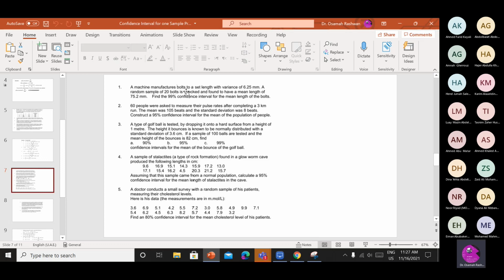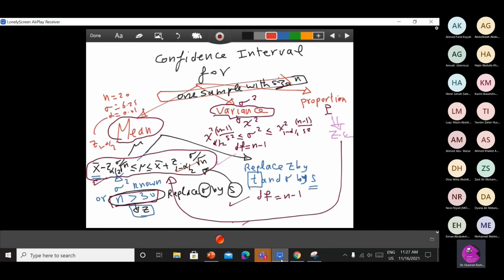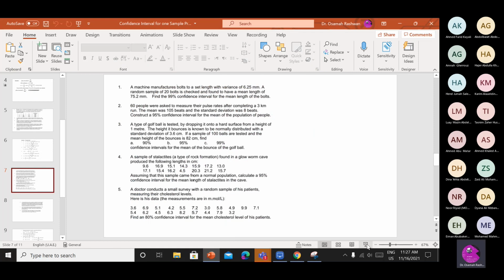And alpha will equal 0.01. Everything is okay. Once I know alpha, I'll get z of 1 minus alpha over 2, substitute in the confidence interval of the mean. After I decided I have sigma, so I go for z and go for this function. That's all. Okay. What about the next question?